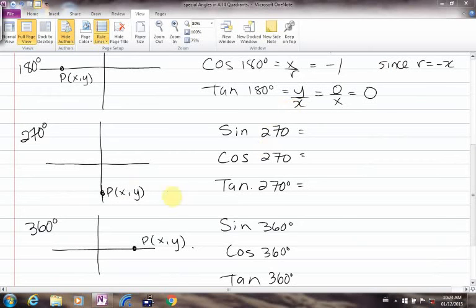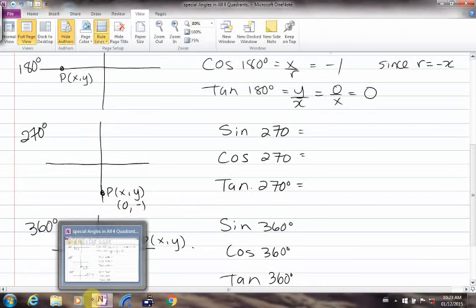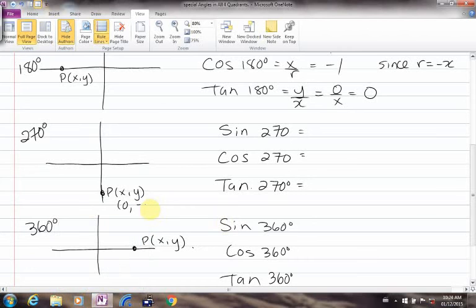Okay, so at 270 degrees, our x value is 0 and our y value is some negative number, right? I'll just call it negative y. And of course r is the same as the opposite of whatever y is, because it's the positive value. So when we're looking at sine, which is y over r, they have the same number with opposite signs, so the sine is going to be negative 1.